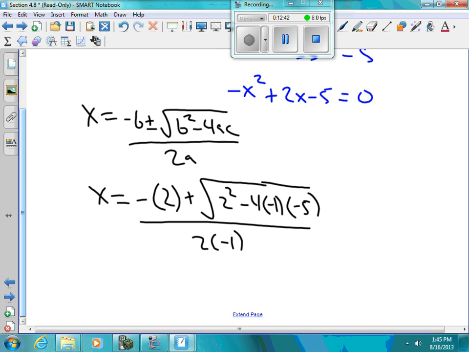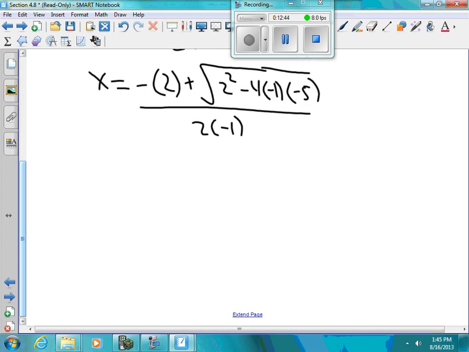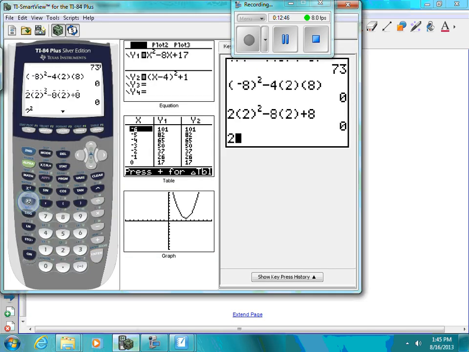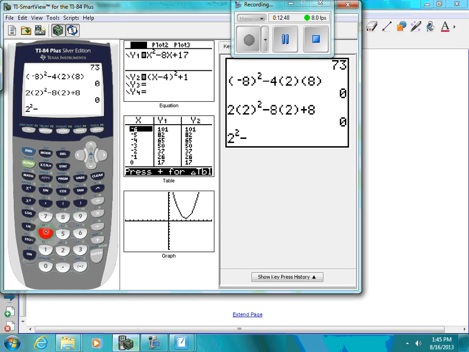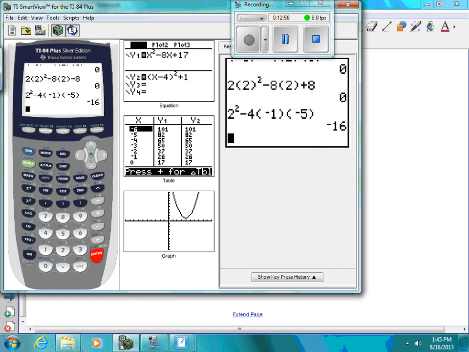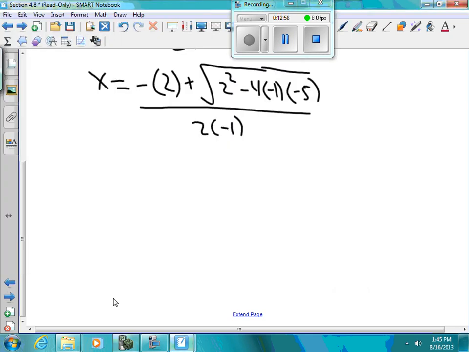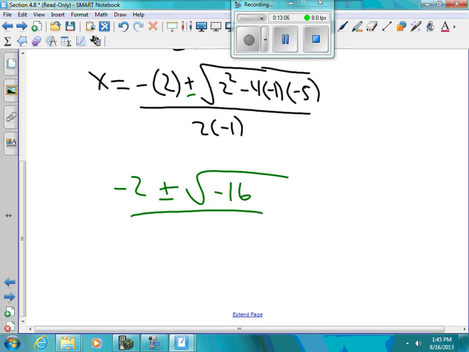Okay, so let's simplify this. In our calculator, 2 squared minus 4 times negative 1 times negative 5. Just doing the square root part, we get negative 16. We haven't gotten a negative number before. Negative 2 plus or minus the square root of negative 16, divided by negative 2.